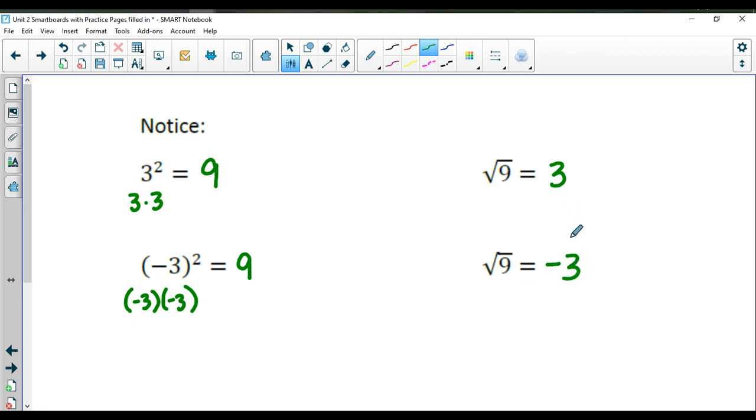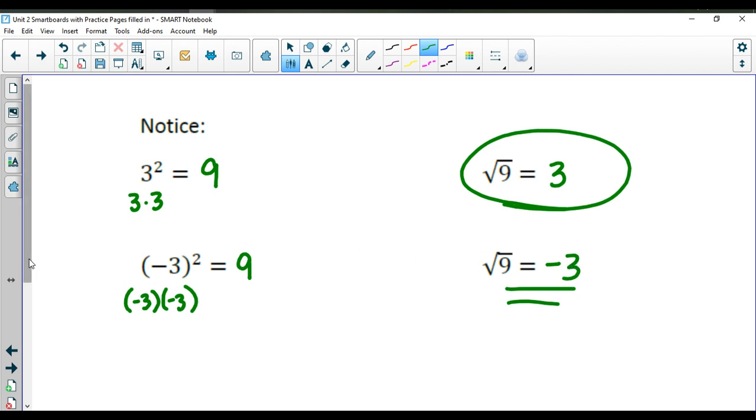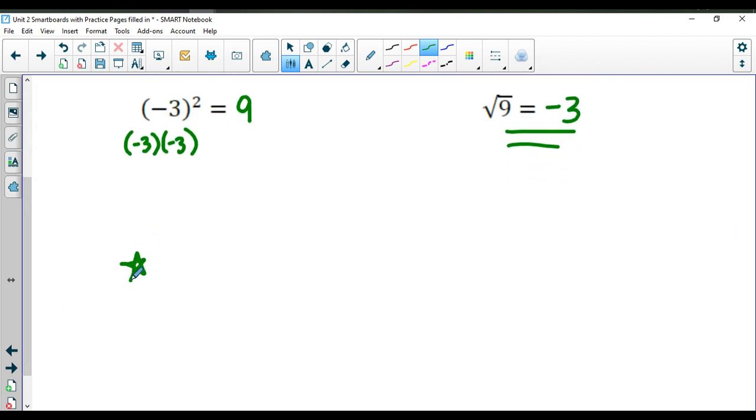When using our squares, if we're talking about distances, for example, up above with the actual physical squares, we would need only the positive version. But it is important to know that the square root of a number is also a negative as well. So, question for you here, what could be the square root of 25? It would either be 5 or -5, our two possible options here.